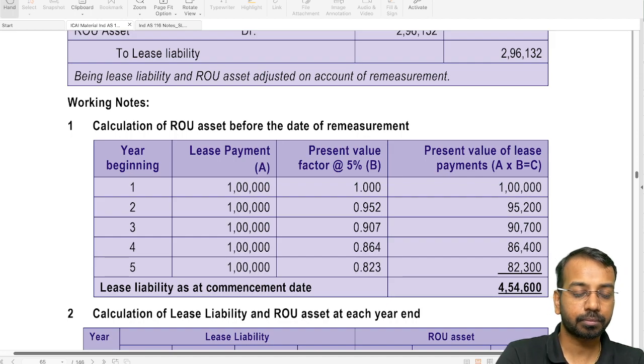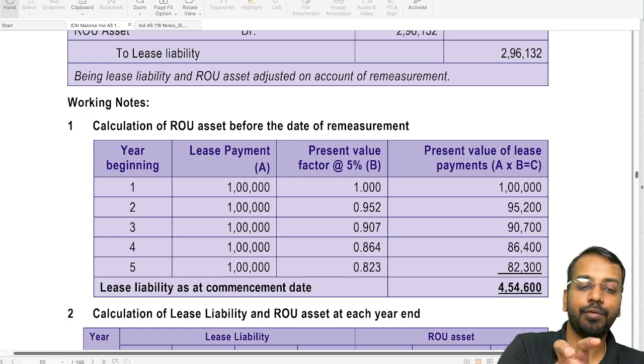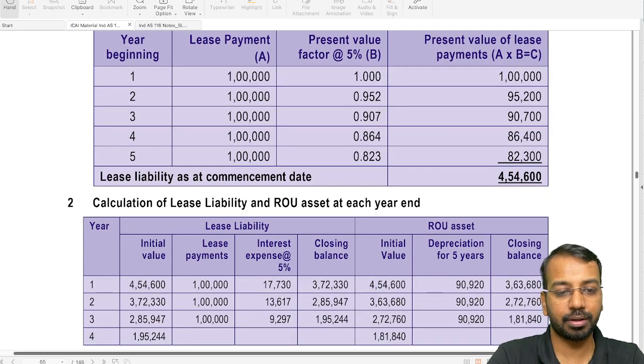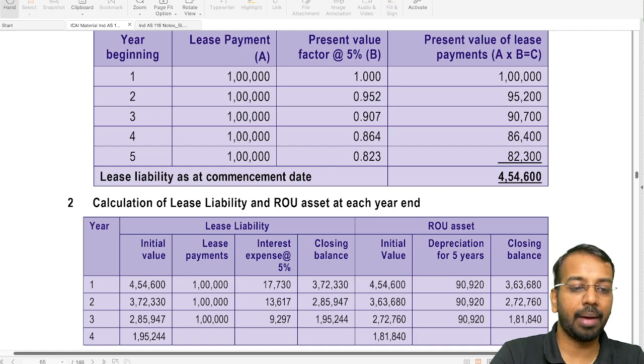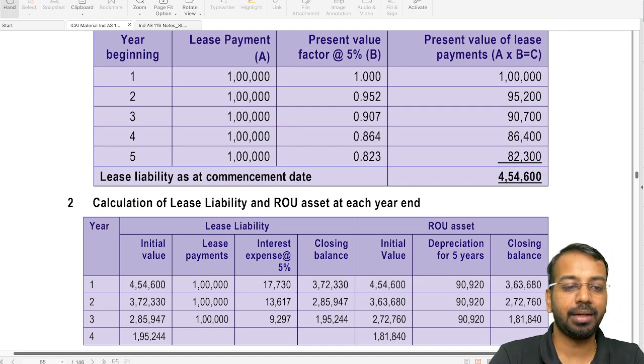Because the initial lease term is estimated to be 5 years, and we will consider this 5-year period for calculation of the lease liability, right? It is given in the material, but I still want to do one question so that this comprehensively covers the ROU asset, lease liability, and the relevant aspects.